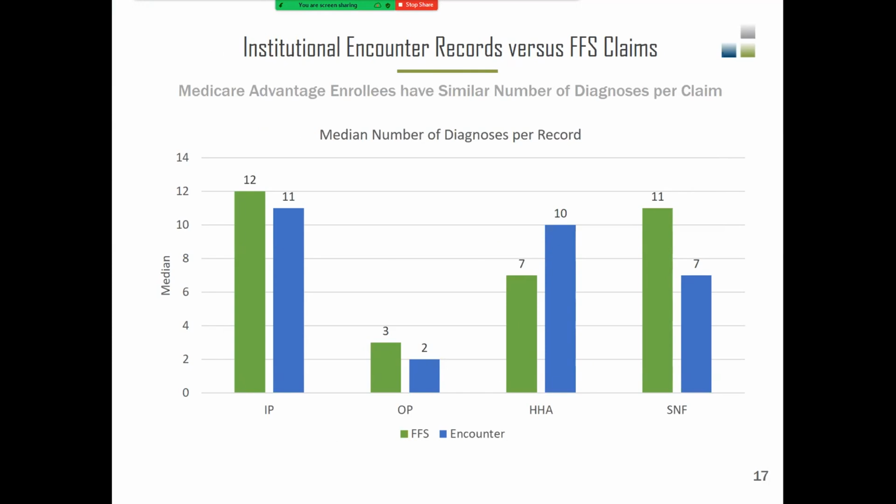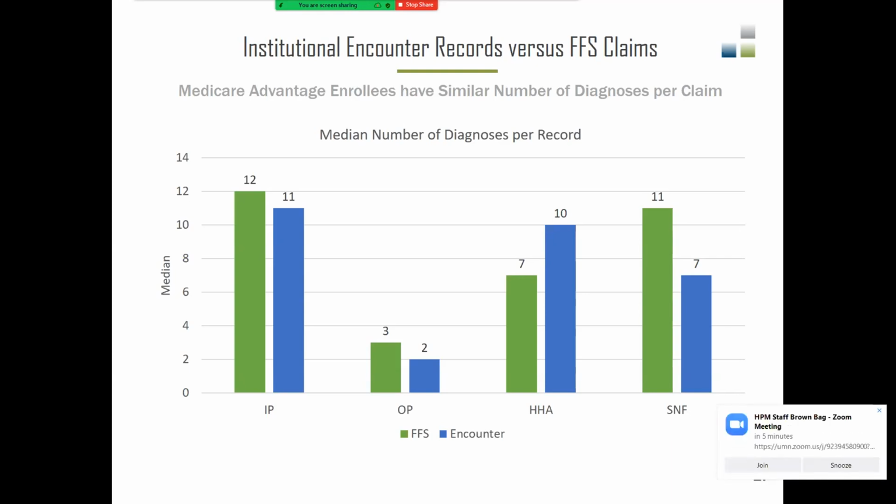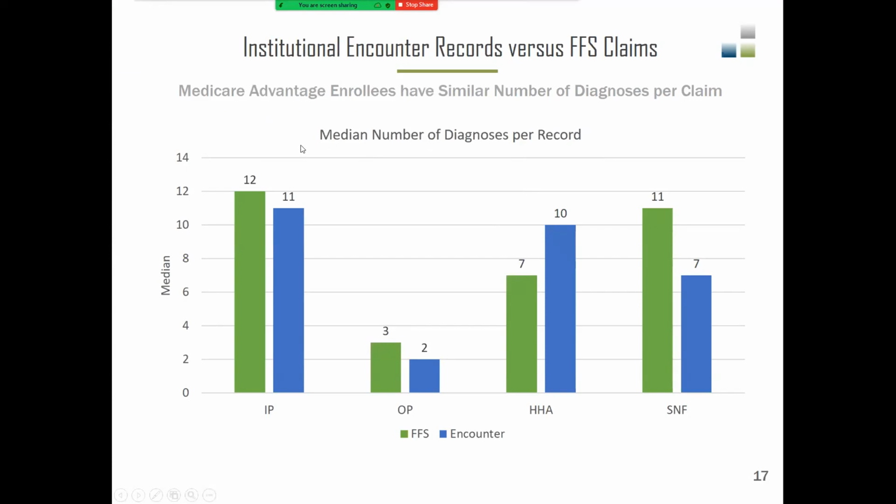So you certainly see some differences. Even with fee-for-service, and I'm going to be talking about hospitalizations later, the number of diagnoses that are billed on hospitalizations does impact the payment to the provider. So we do see a large number of diagnoses. It's not terribly unusual to have all of the diagnosis codes filled in, to make sure that payment is accounting for all of the complexities of the patient.